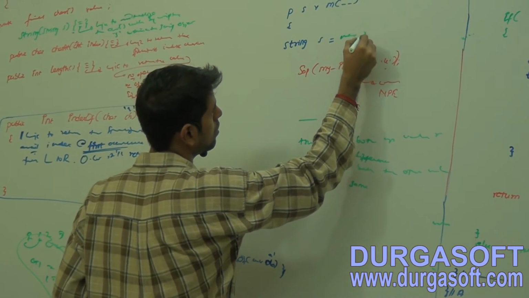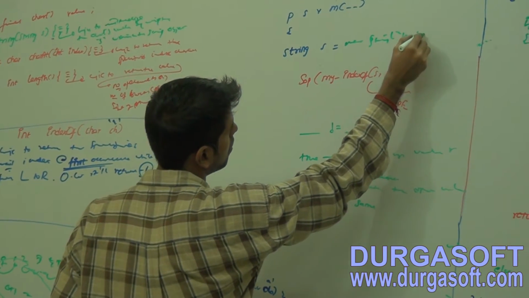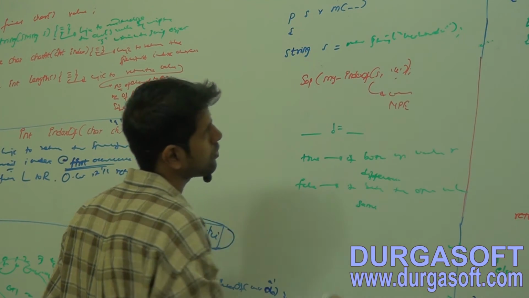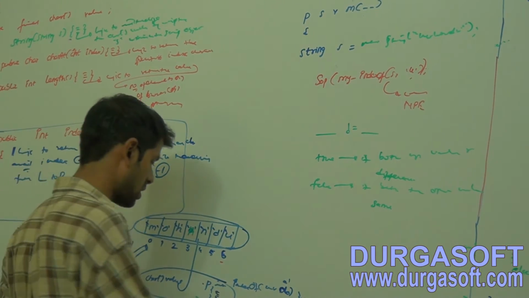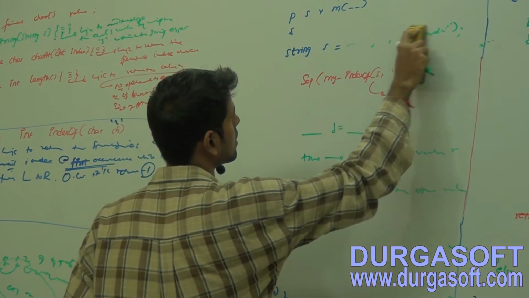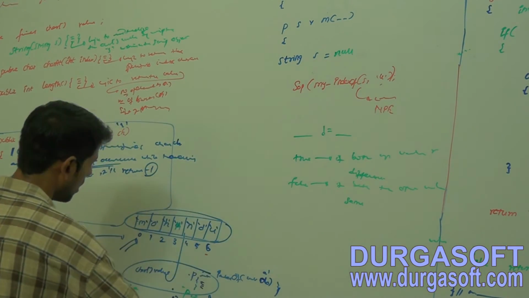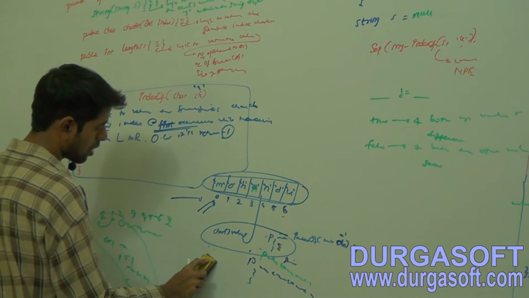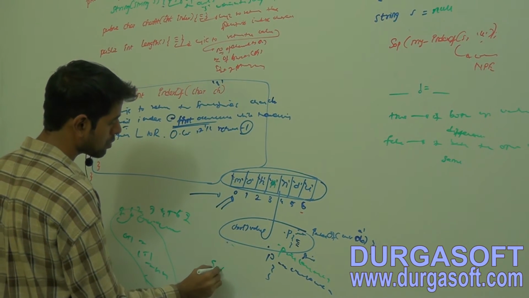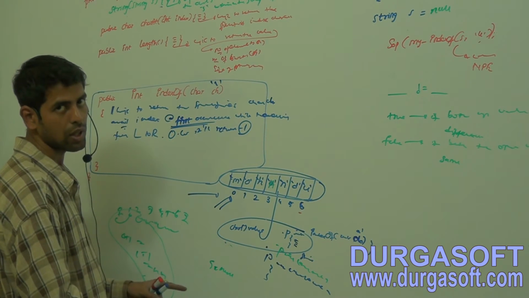It will be new String of Mohandu. It will be in that format. If s equals null, it will not be referring to this object. Its value will be null.